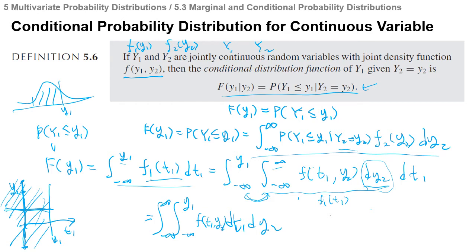Okay, and what we know is that this part and this part should be the same.